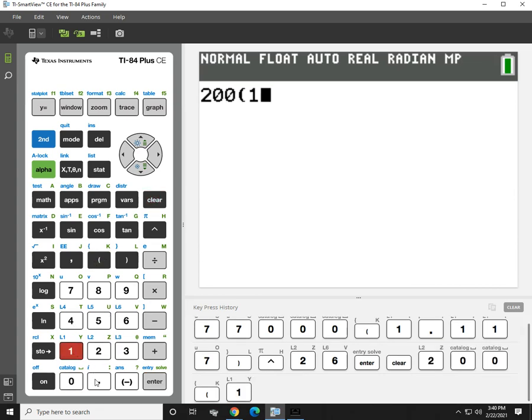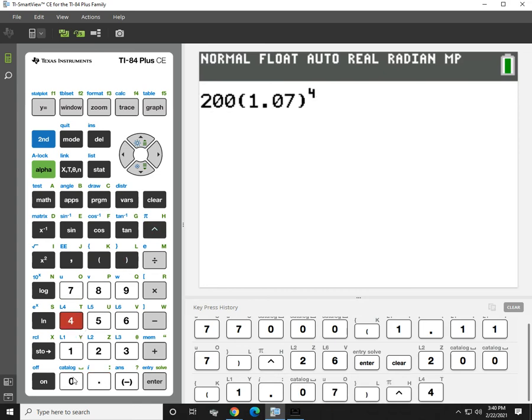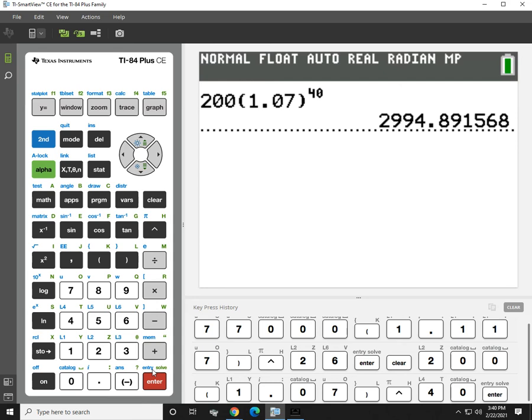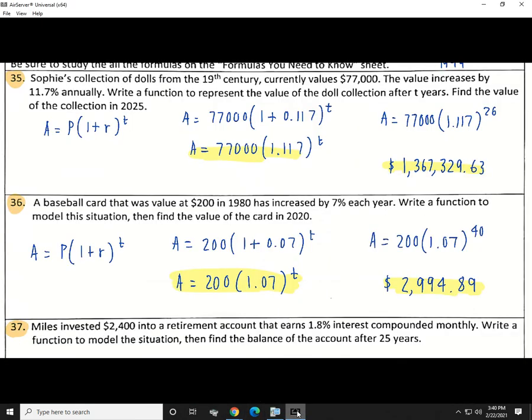It increased at 1.07 raised to the 40th power. So by 40 years, it's going to increase all the way up to $2,994.89. That'd be pretty good. Just take a long time to do that. So there you have it. All right. Let's keep cruising.